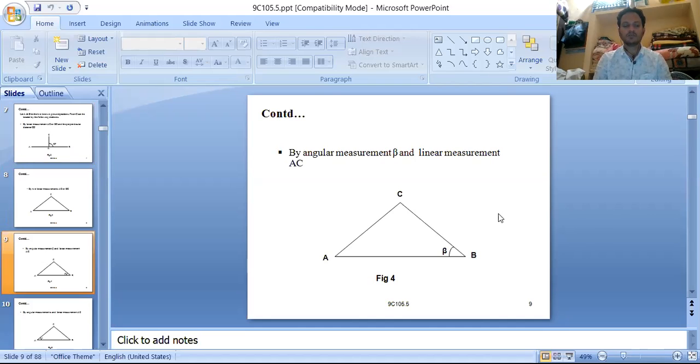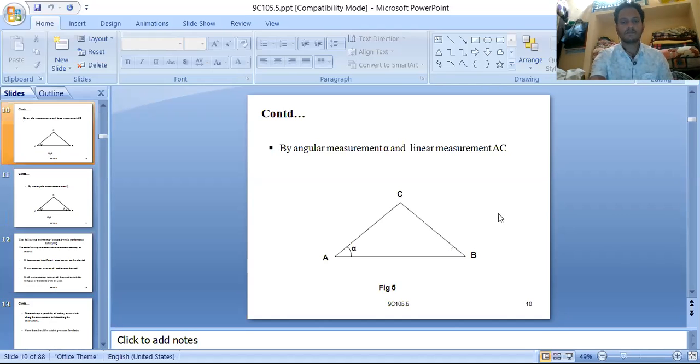So these are the two basic principles of surveying: working from whole to part, and location of a new point by two known points or one point and one angle. So this also can be done.